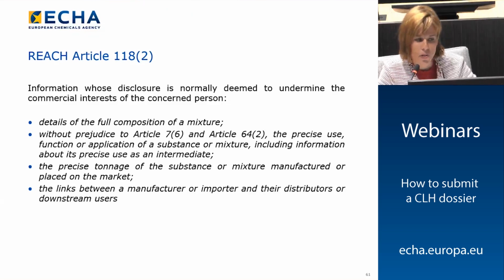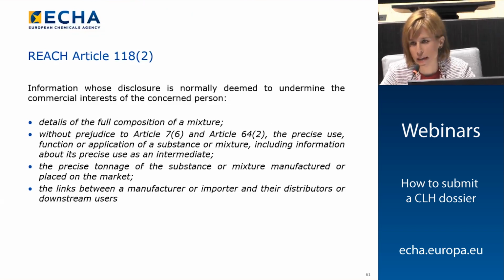Then REACH foresees a second category of information, which is information that is normally published unless there is a confidentiality claim. However, it's important to underline that under REACH it is not sufficient to claim information as confidential; this claim must be accompanied by a justification as to why the disclosure of the information in question is potentially harmful for the commercial interest of the party concerned.